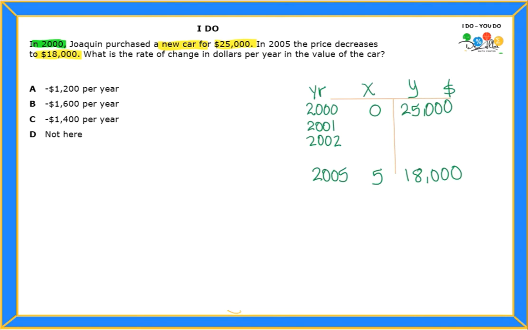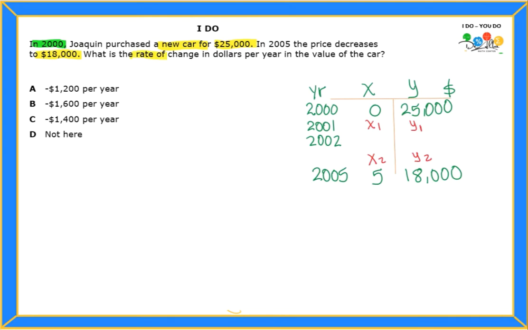So now I can think about those as my coordinates, or my pairs. So 0 will be X1, and 25,000 will be Y1. 5 will be X2, and 18,000 will be my Y2. So I can use those numbers for my problem, okay? So I need to find the rate of change.